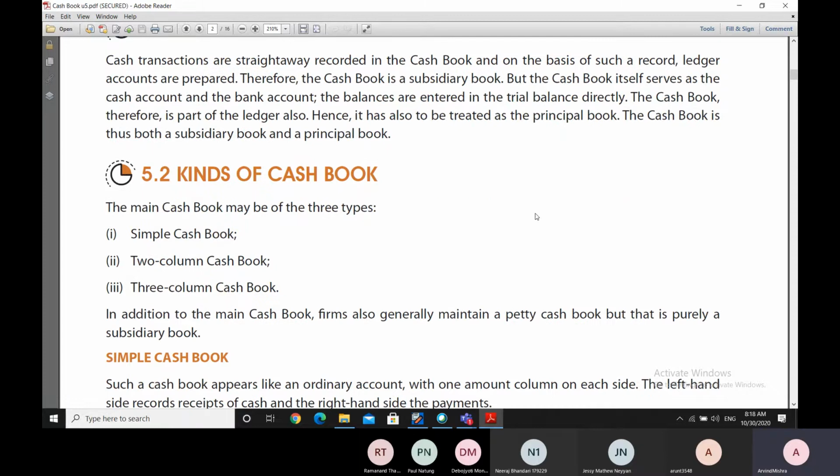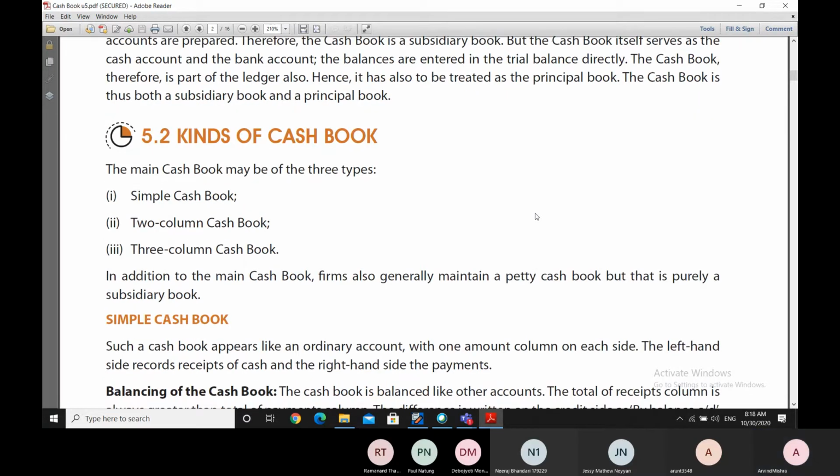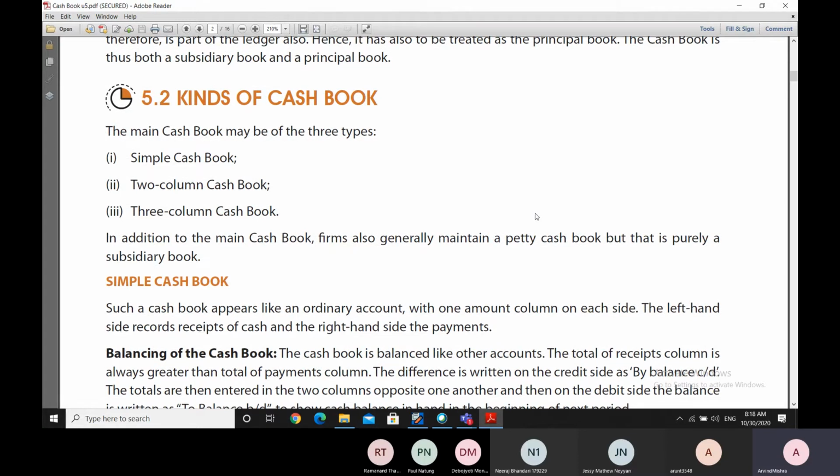Now, the main types of cash book are simple, 2-column and 3-column. And in addition to these main cash books, there is a petty cash book also. But this petty cash book is not treated as a principal book.